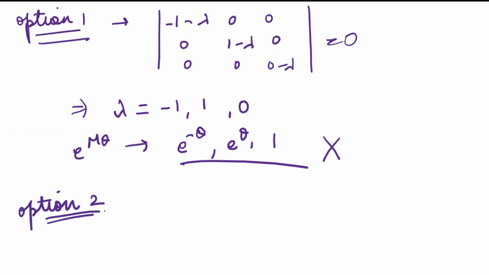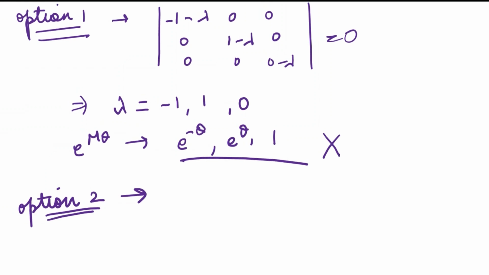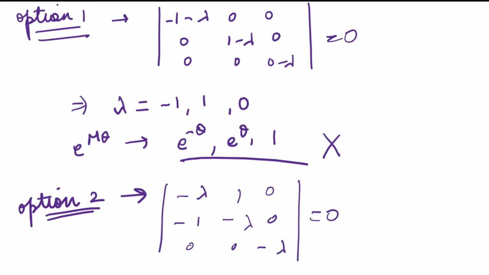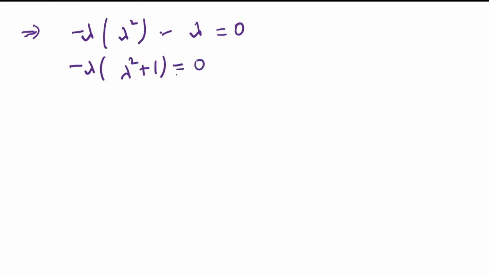We are left with option 2. It has to be the answer, but we will check it. Option 2 is minus lambda, 1, 0; minus 1, minus lambda, 0; 0, 0, minus lambda. Lambda square minus lambda is equal to 0, minus lambda times lambda square plus 1 is equal to 0.